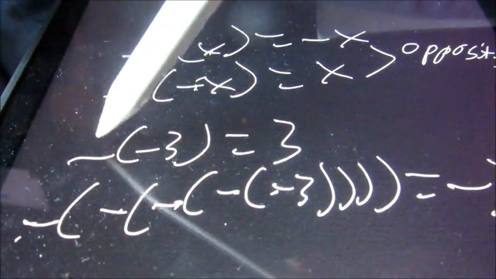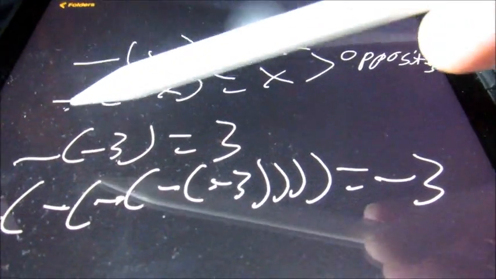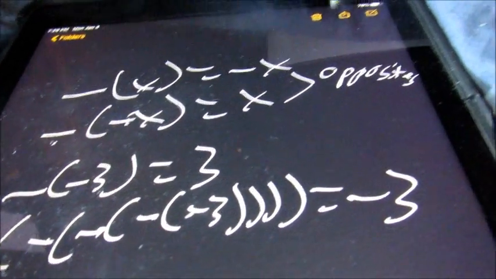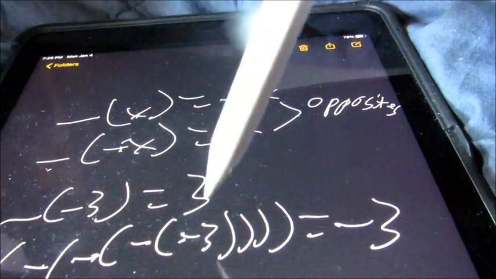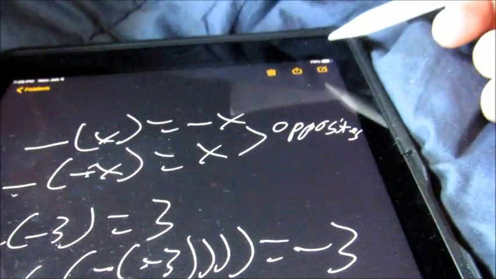One way you can do this is count how many negatives are right next to each other. Here we have 2 negatives right next to each other. It's positive. Here we have 1, 2, 3, 4, 5, and it's negative. If we have an even number of negatives with nothing in between except for parentheses, then our answer is going to be positive. If we have an odd number, like here, it's going to be a negative.